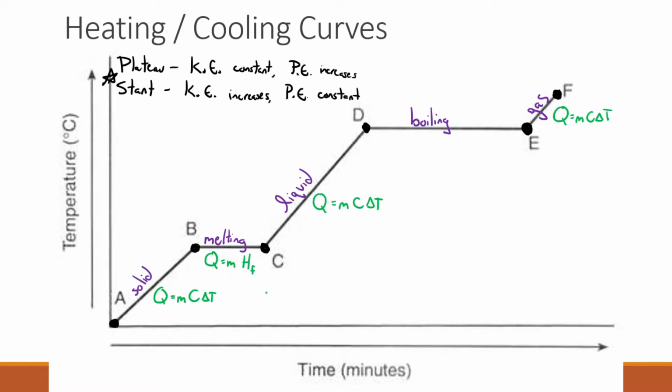Q equals mHf and Q equals mHv. Now, we're going to come back to this heating and cooling curve in a second, but let's take a swift detour to talk through these formulas.